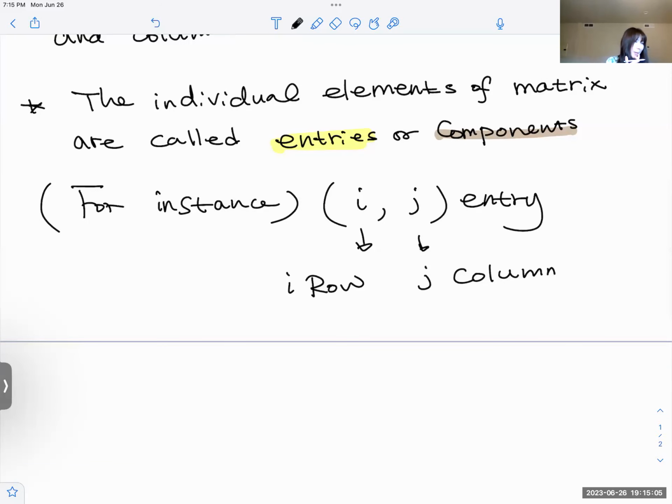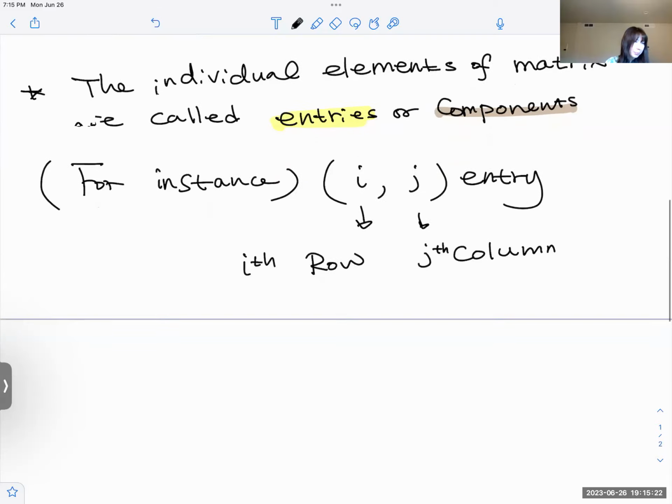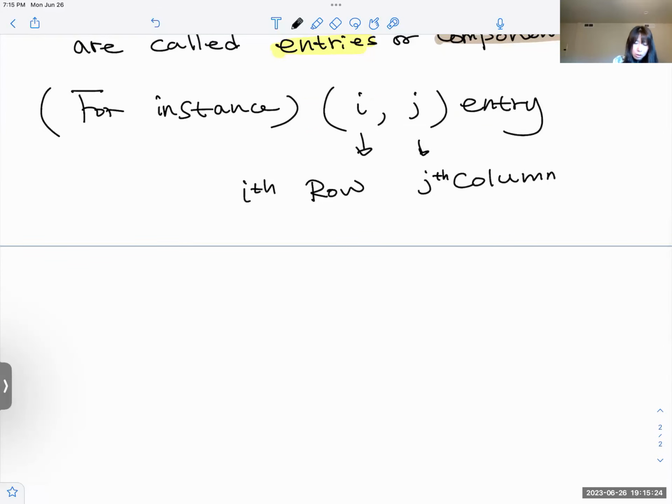We denote the ith row, jth column entry this way: A equal to Aij entries, right?